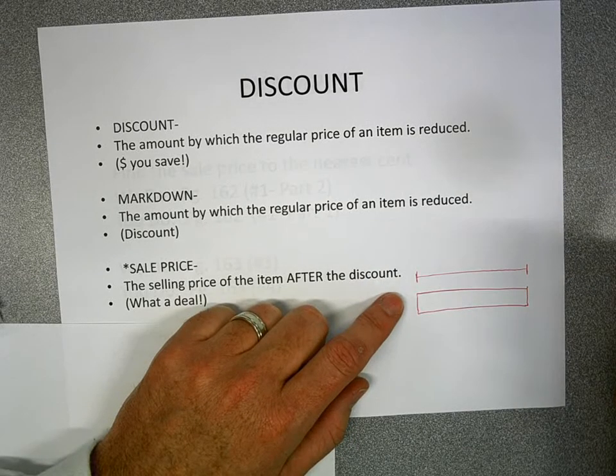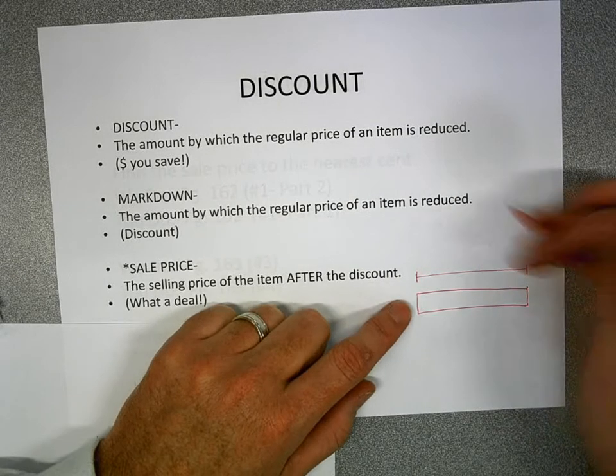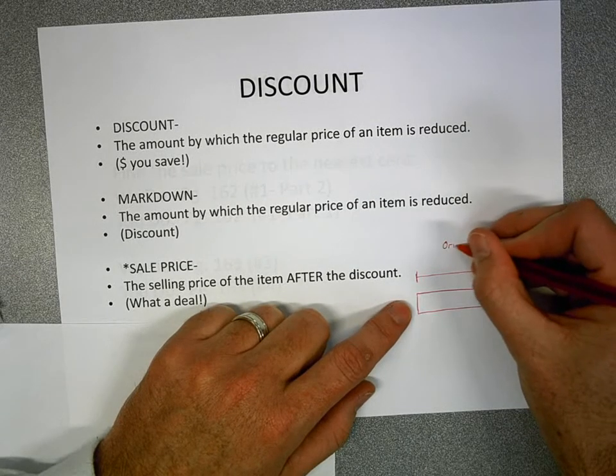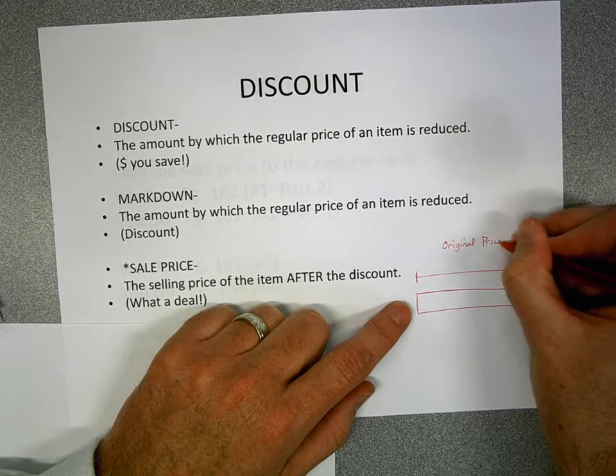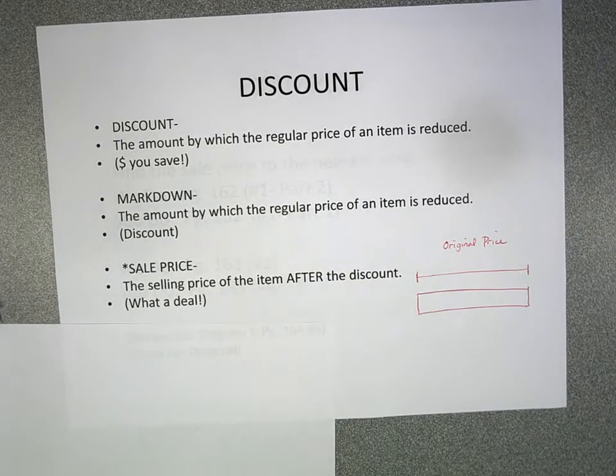With today's lesson, that whole thing is going to represent the original price of whatever item we're talking about in whichever problem. The original price is represented by the whole bar. That's the original price.